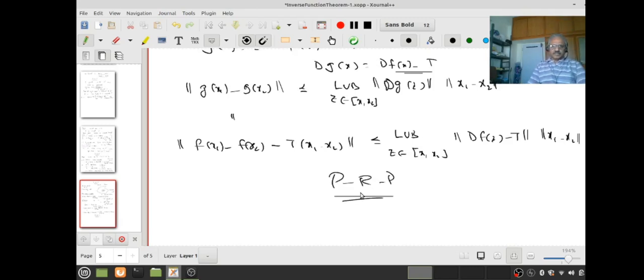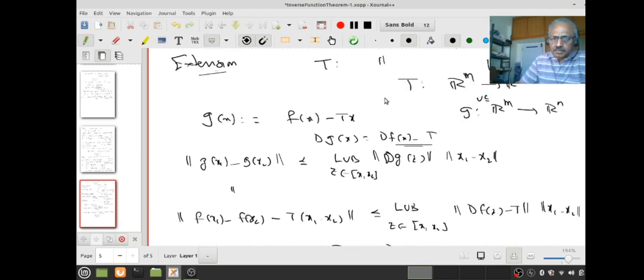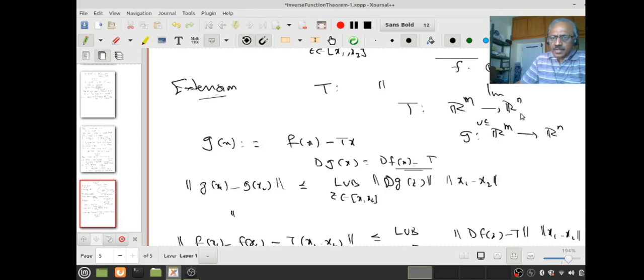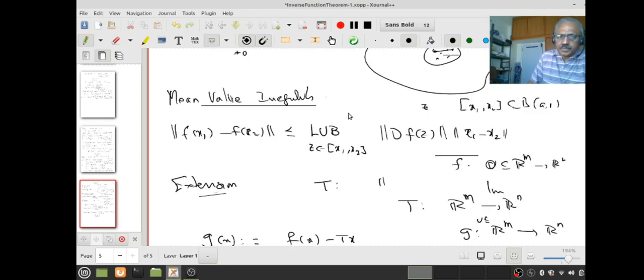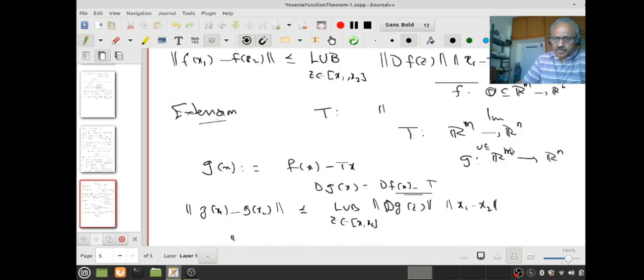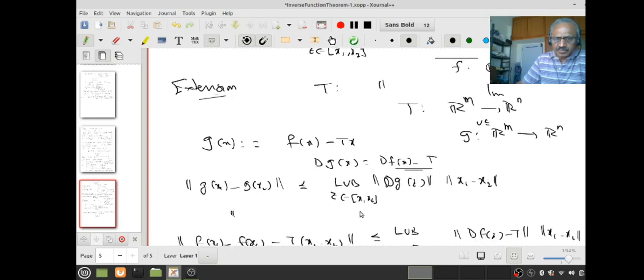This is the extension of the mean value inequality which you want to use now. Now let's go back. As I said, this inequality is for any function f from U in R^m to R^n. We have proved this inequality for any function f from U in R^m to R^n, not necessarily the earlier f. And similarly for any T linear map from R^m to R^n, we have a new function G, got it?